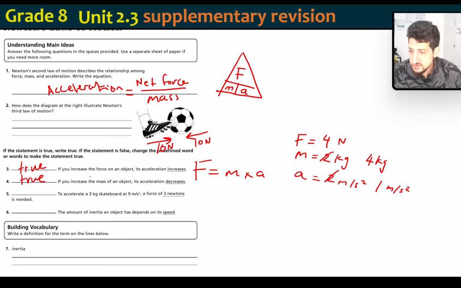Number 5 says, to accelerate a 3 kilogram skateboard at 9 meters per second squared, a force of 3 newtons is needed. Once again, force equals mass times acceleration, so it's 3 kilograms multiplied by 9, which is 27. False.